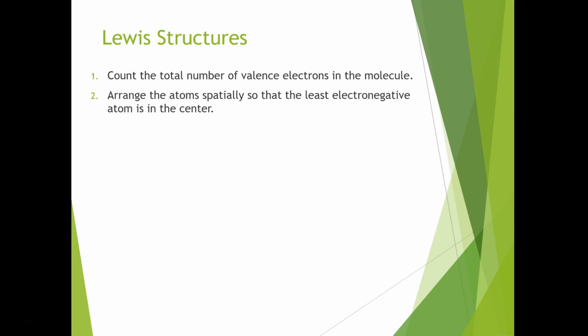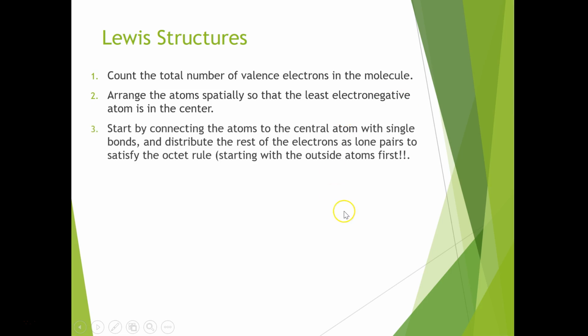Now, we can determine the least electronegative atom by using what we know about trends in the periodic table, or by looking in the data booklet, I can't remember what table it is, I think it's table 8 or 9. And then start by connecting the atoms to the central atom with single bonds, and distribute the rest of the electrons as lone pairs to satisfy the octet rule, starting with the outside atoms first.